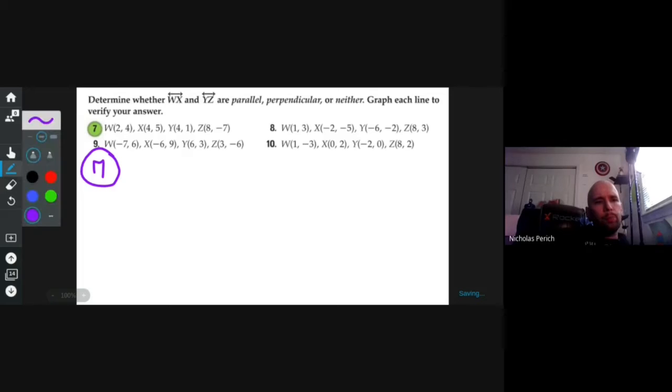Determine whether WX and YZ are parallel, perpendicular, or neither. We're only going to do 1, maybe 2 of these. Okay. Let's do 7 because there's a green circle around it. For problem 7, let's start out with WX.